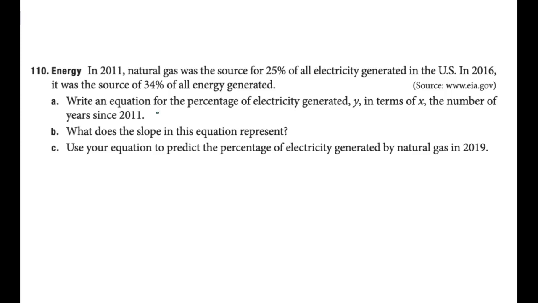So 2011 is 0 when it comes to time, okay? And years are x. So x is the number of years, and y is the percentage of electricity.